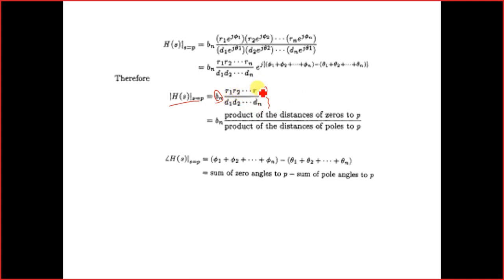What are these numbers? These numbers are basically the distance of the zeros to a particular frequency point divided by the distance of the poles to the particular frequency point. Okay, so they are being multiplied.